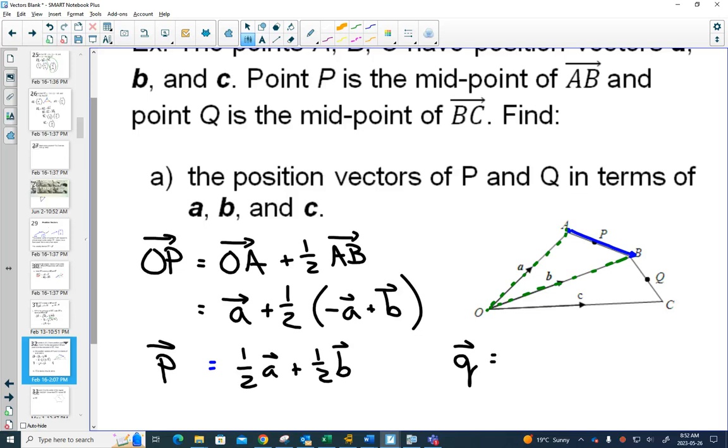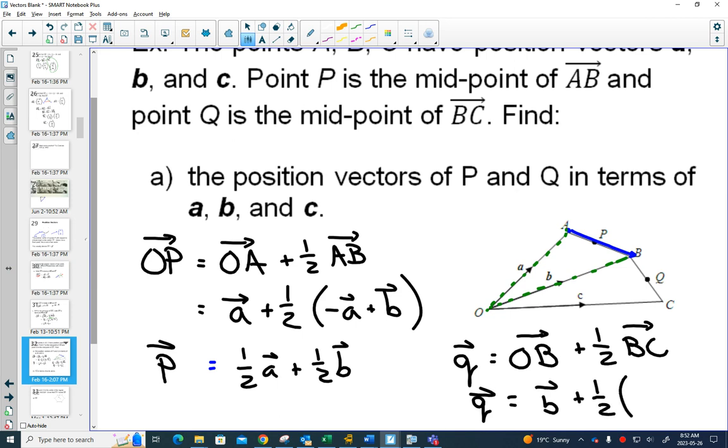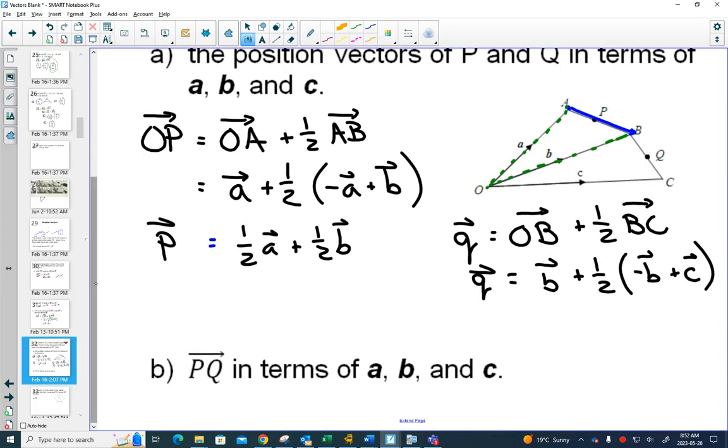If we think about going to Q, I could go from O to B, and then halfway from B to C. And that would let me write it as vector B plus half, and B to C would be negative B plus C. One half of B plus one half of C.